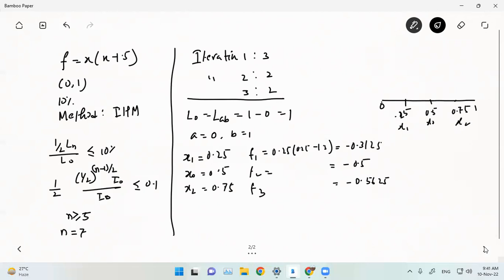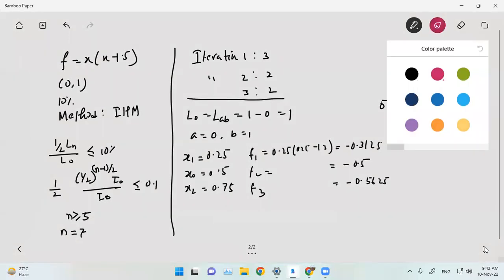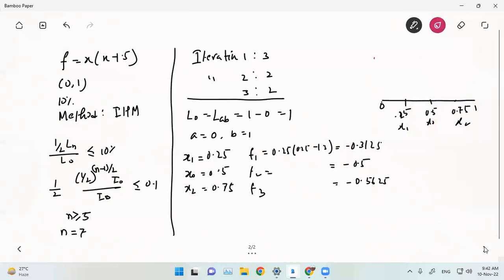Actually, you should have drawn it upward because you have the negative values. Let me use a different color to denote that. Now what you can see is which is the minimum one, it is this one.